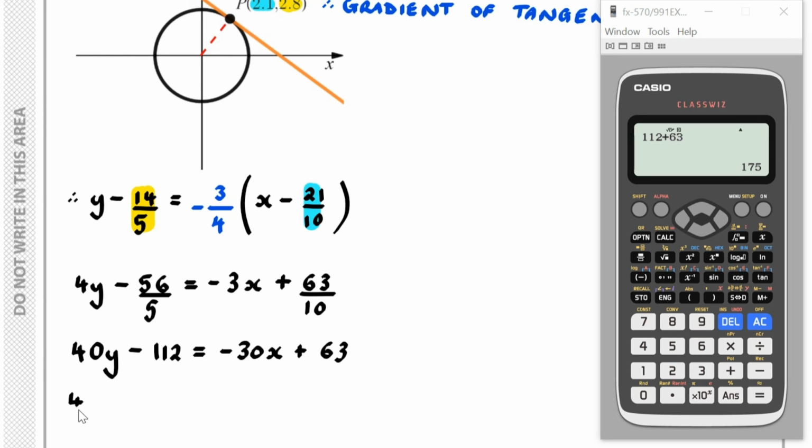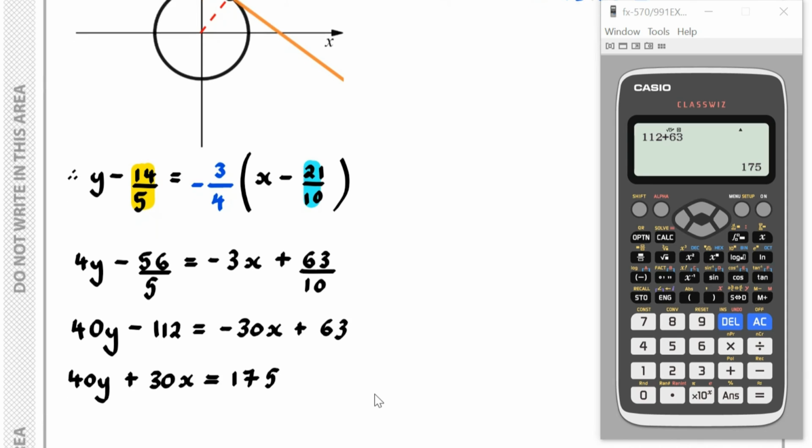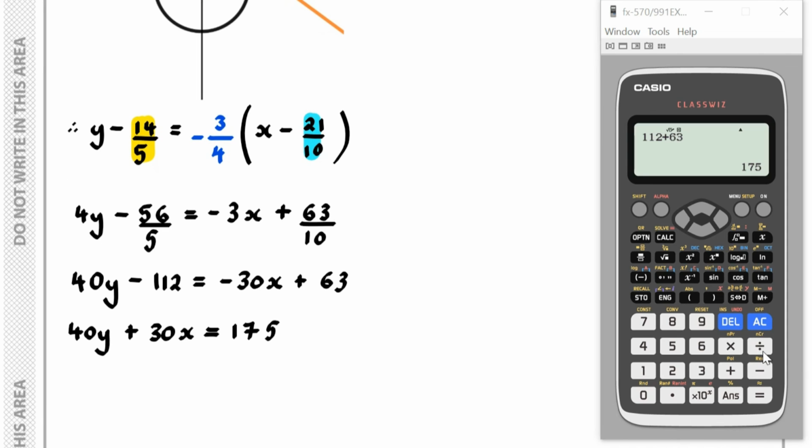So I've got 40y plus 30x equals 175. And if I divide through by 5, what we end up with is 30x plus 8y equals 35.